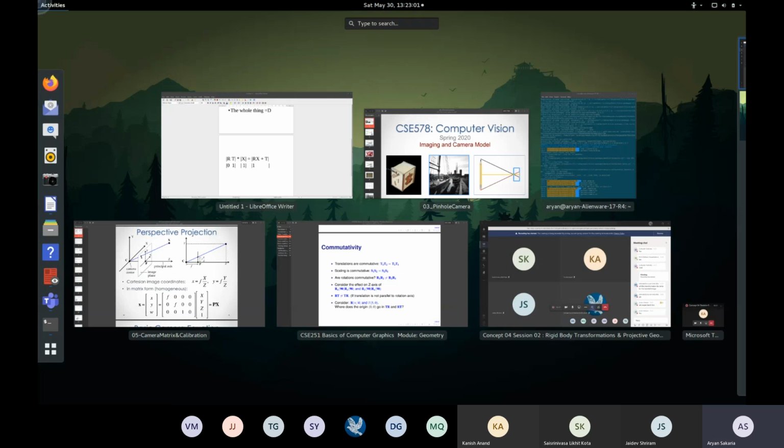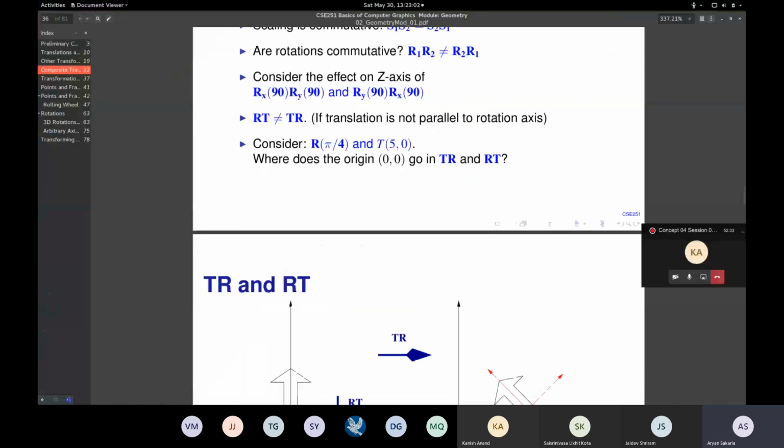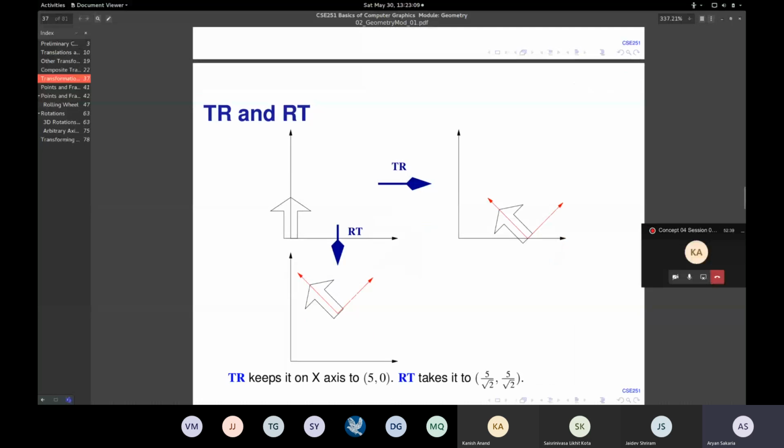Okay, so now this brings in a lot of confusion: TR and RT. TR means you have a translation and a rotation matrix and it's T into R into X. So X is first multiplied by the rotation matrix, which means it rotates first, and then it's multiplied by the translation matrix, which means it translates next.